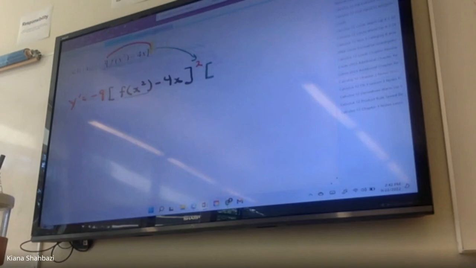And what's the outside on this green part here? F, so it would be f prime. Now remember, we leave this alone, right? Minus 4. Times 2x, yeah? We're not there yet.